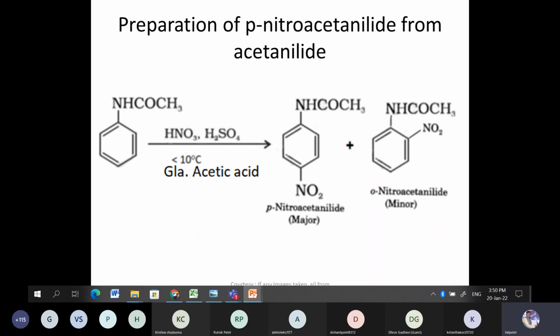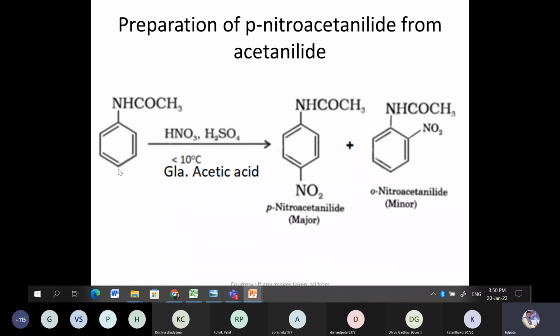The benzene or phenyl ring has negative charge, and as we have seen, NO2+ has positive charge, a deficiency of electrons. So the interaction will be faster as compared to the previous reaction, nitrobenzene. The reason is that nitro is a ring deactivating group and NHCOCH3 is a ring activating group.